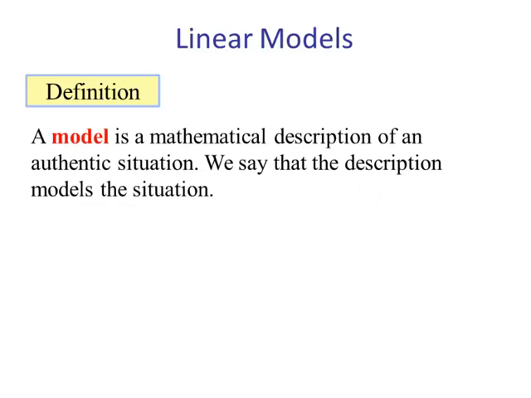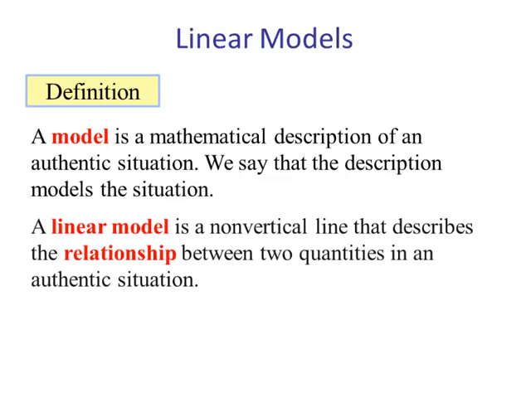A model is a mathematical description of an authentic situation. We say that that description models the situation. A linear model is a non-vertical line that describes the relationship between the two quantities in an authentic situation.